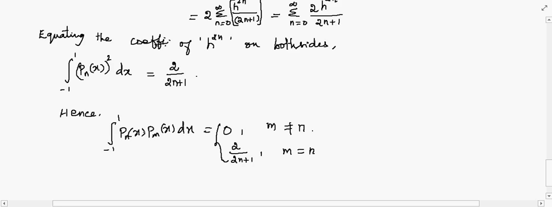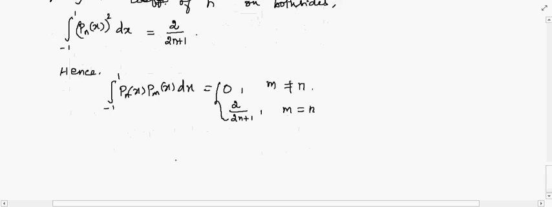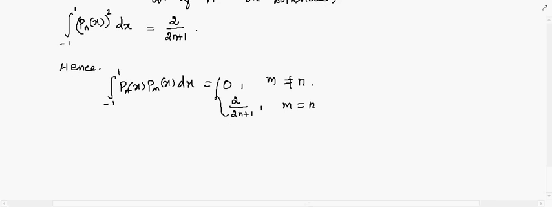When m is equal to n, we get Pn of x into Pn of x, which we write here as Pn of x whole square. Hence we have proved the orthogonal property of Legendre polynomials.